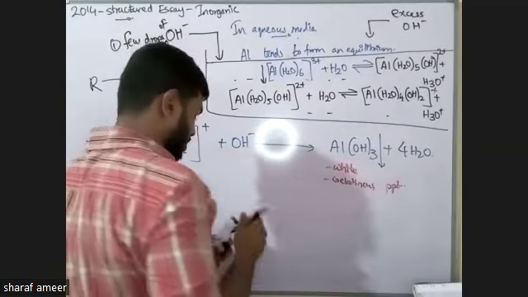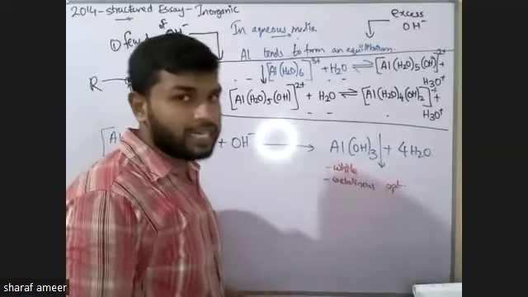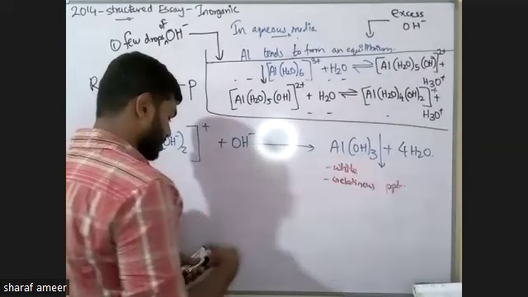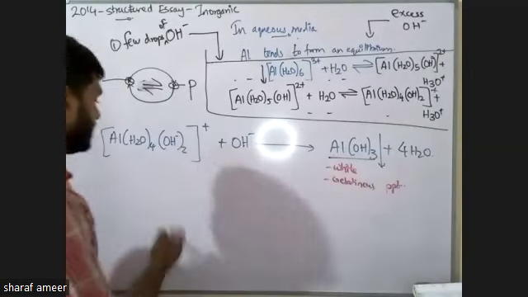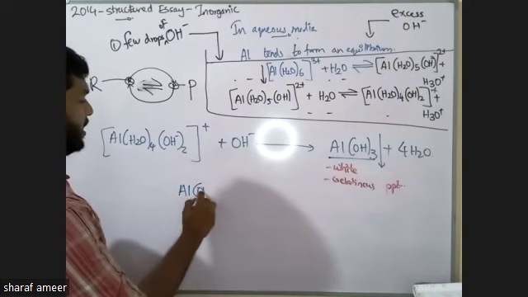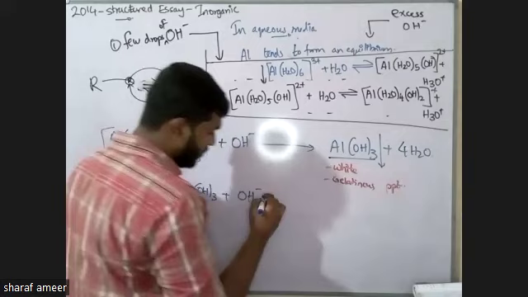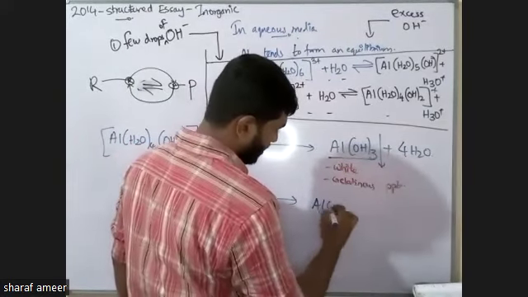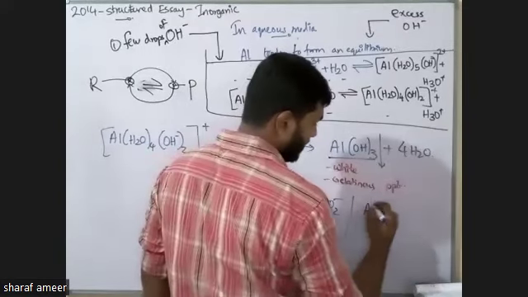So in this case, once I add excess amount of NaOH, this aluminium hydroxide will take that OH minus in excess to form AlO2 minus, or you can write it in this manner also.